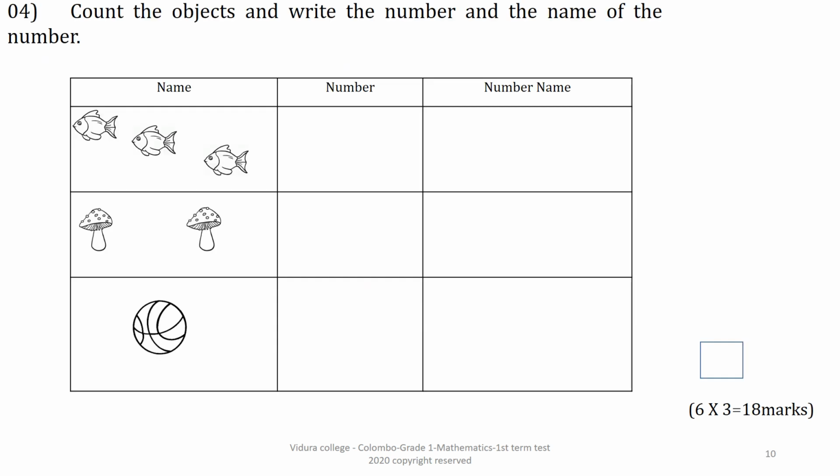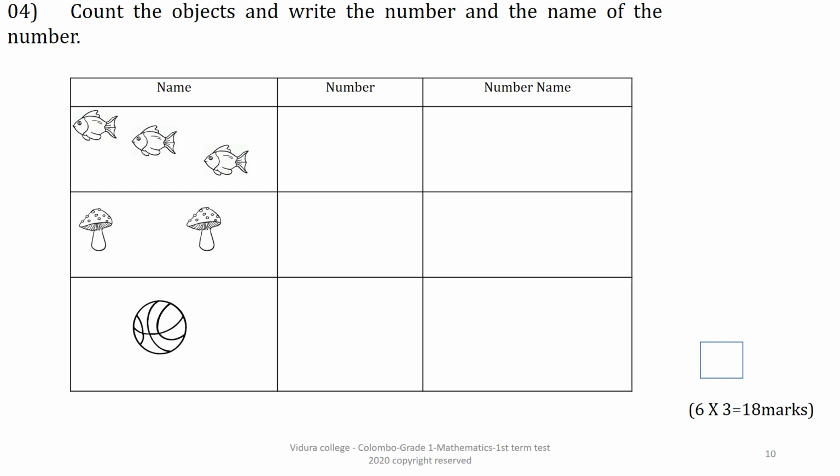Question number 4. Keep your finger on number 4 in your paper. Count the objects and write the number and the name of the number.